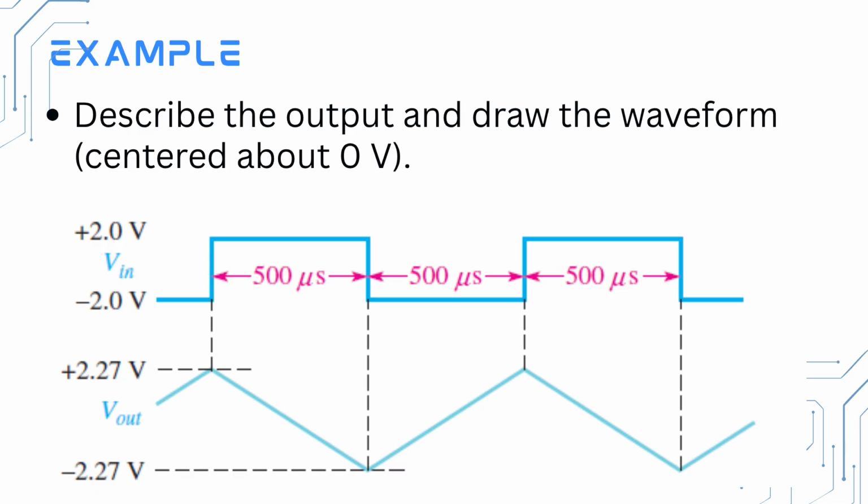Because the output is centered at 0 volts after a few cycles, the output will vary from a minimum of half of the 4.54 volts, which is negative 2.27 volts, to a maximum of half of the 4.54 volts, or 2.27 volts. The waveform is shown in this figure. As you can see, we have a maximum of positive 2.27 and a negative 2.27, with the range as computed earlier, which is a total of 4.54 volts.